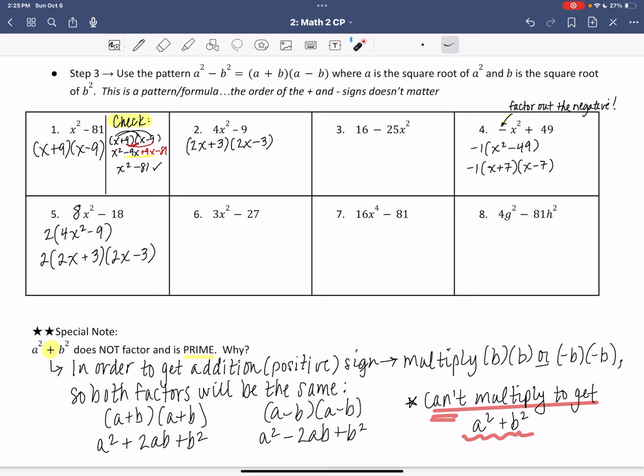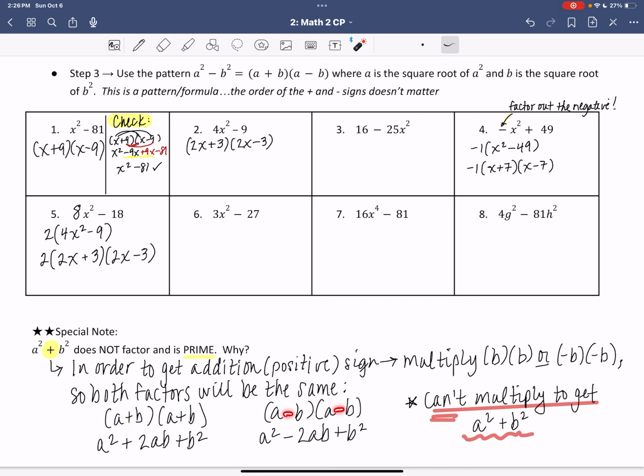So if you were to come down here and multiply, you get a squared. Those together would add to 2ab, and then b times b is b squared. So here you have this term in the middle because these are both pluses. So one of your terms did not cancel out.